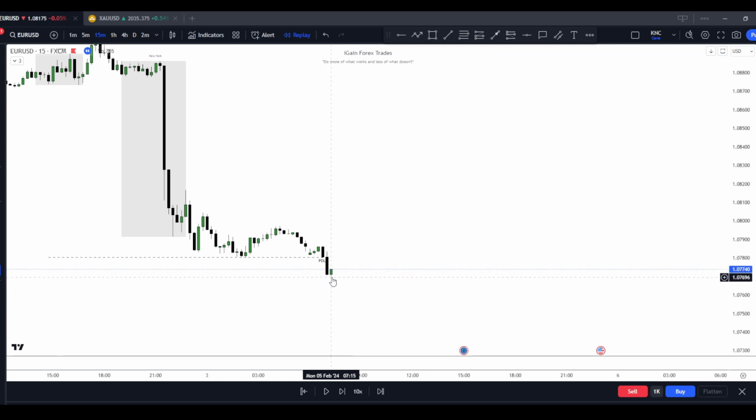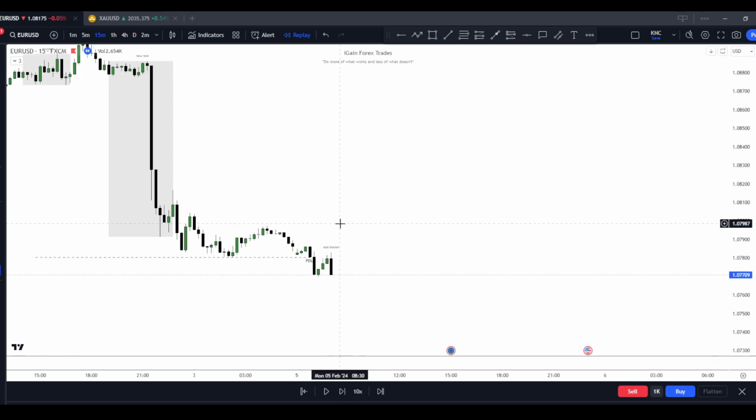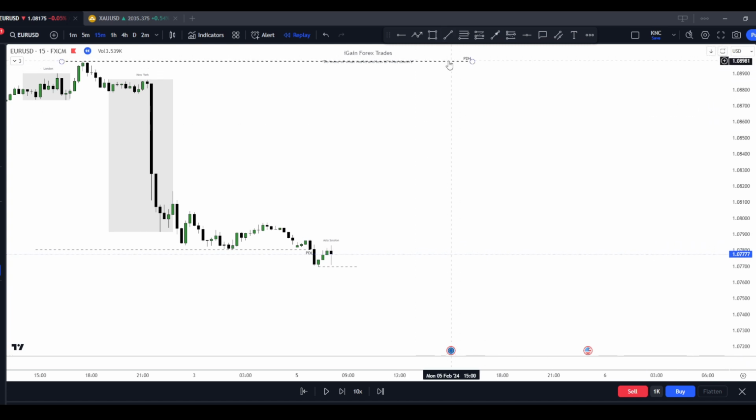So we are expecting that this low will be taken out again. Okay, now we are in our Asia session. So this is our new low. We will be looking for this sweep here, or if the price will still reach this previous day high.